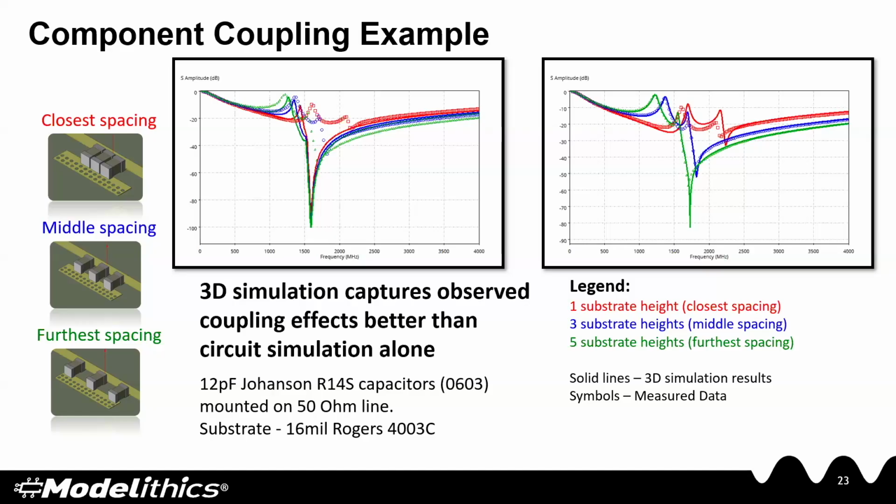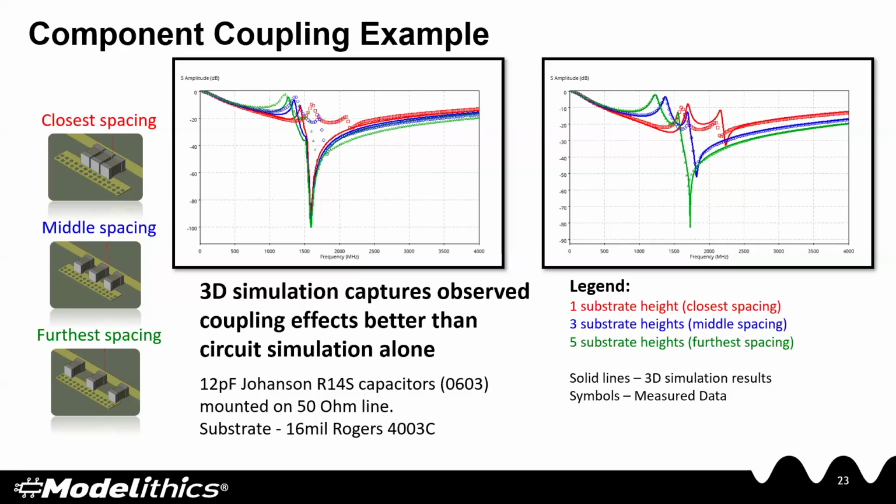If we look at the graph here, the graph on the left shows the measured data and the circuit simulation results. When we look at the circuit simulation results, we see how the results, which are shown by the solid traces, don't really agree with the measured data when the components are very close to one another.